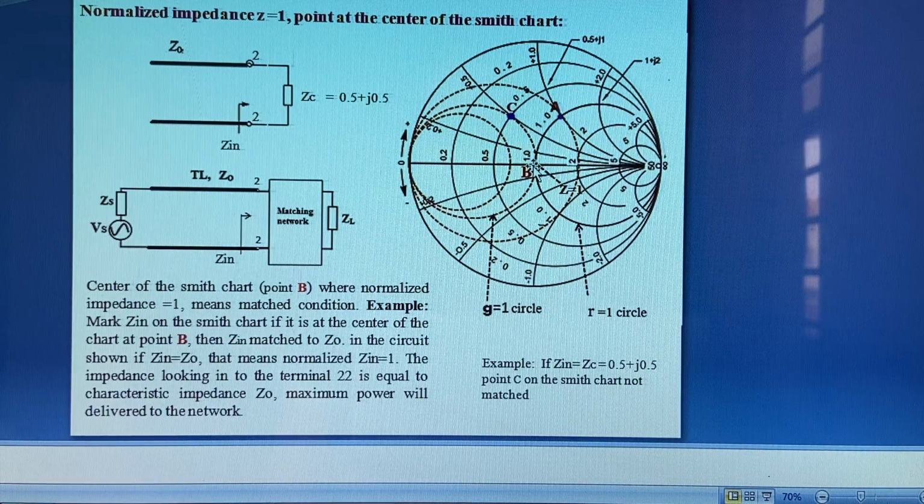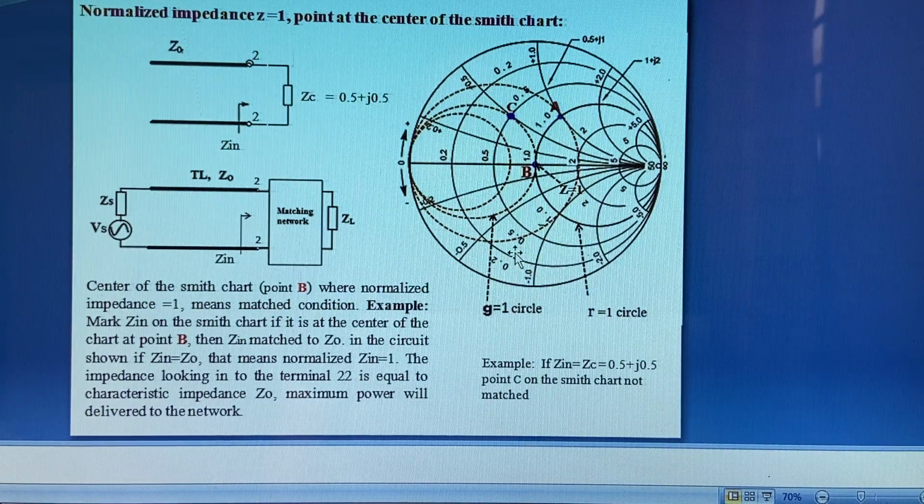They are passing here, moving through the 1. The R equal to 1 circle and the conductance circle G equal to 1 play a very important role while designing the matching network.